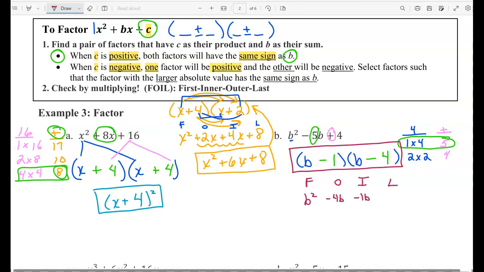The last positions, -1 times -4 is a +4. And I know I have like terms here, which would be b squared minus 5b plus 4. So there's my check that I get back to the original, that I factored it correctly. Okay, so use that anytime you doubt your factoring or need to check it.